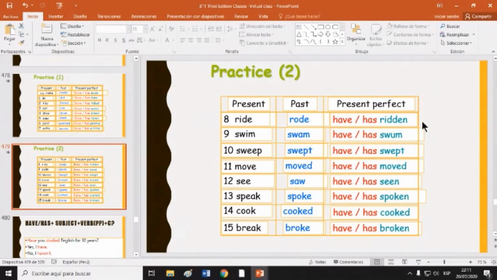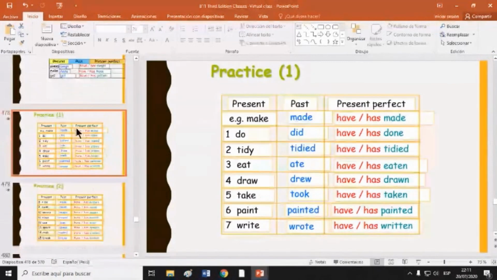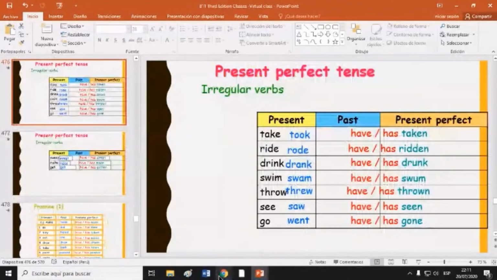But with irregular verbs is the problem, so I have to memorize. For example, in the present "read," in the past "wrote," in the present perfect "read" in the past participle. Or for example "speak": in the present speak, in the past spoke, in the present perfect have or has spoken, no? Spoken, broken. So you have this. Tomorrow we will continue and we will practice more. Okay, so that's all for today.